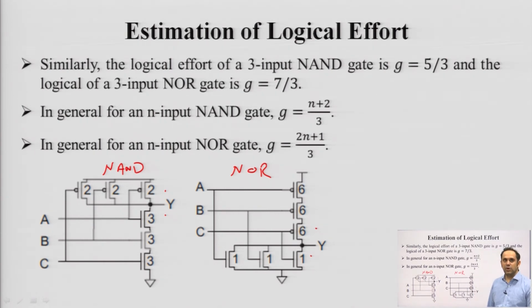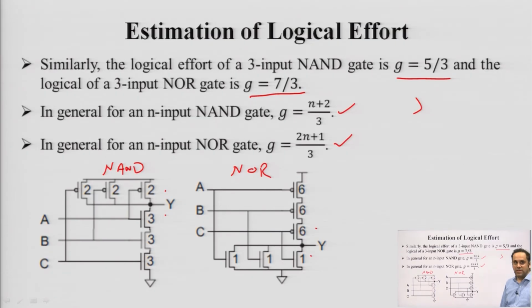So for a 3 input logic gate, if you have a NAND operation, the logical effort is 5 by 3, and for a NOR gate it is 7 by 3. And to generalize, for an n input NAND gate, the logical effort is (n plus 2) by 3, and for a NOR gate (2n plus 1) by 3.